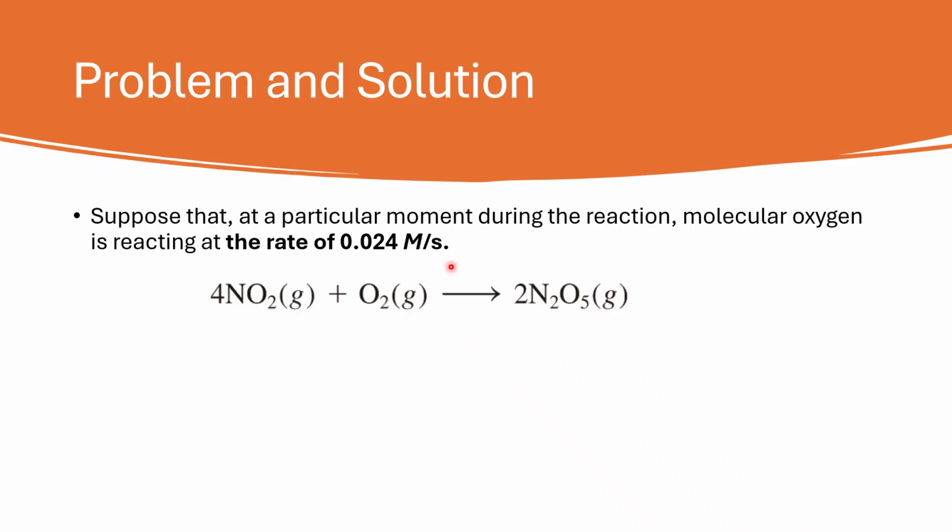Let's imagine for a moment that we want to know the rate at which N2O5 is being formed. We can actually do this quite simply because this is very simple math here. We can say, well, it must be forming twice as fast as oxygen because this has a 1 and this has a 2. However, if we use our inverse method, we'll get the same result.